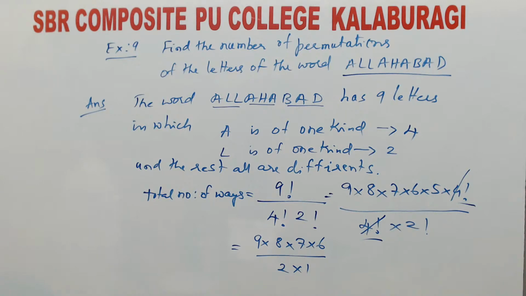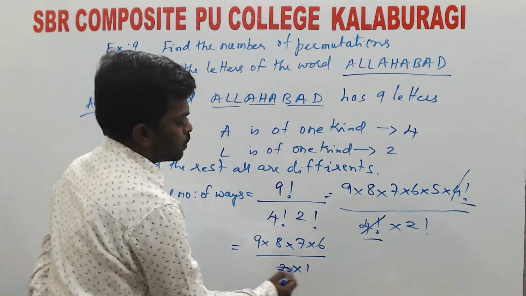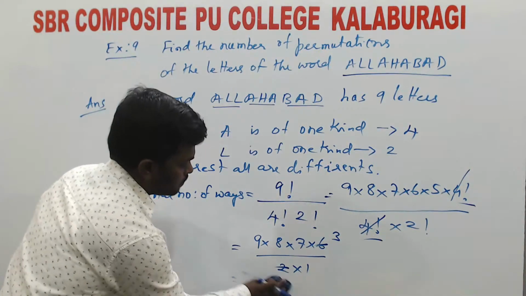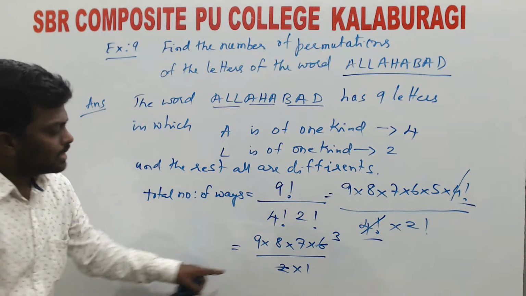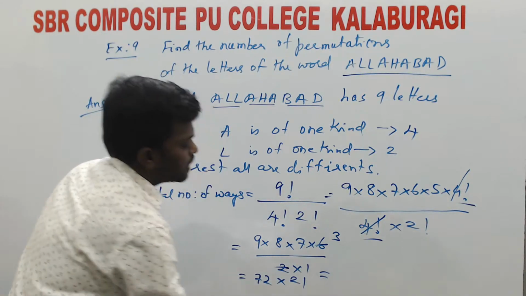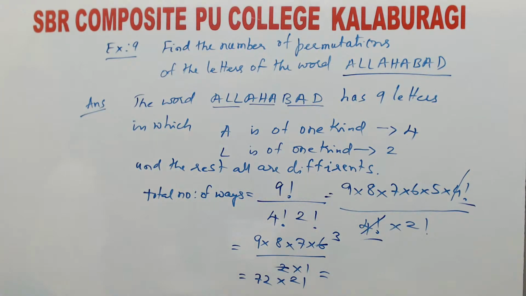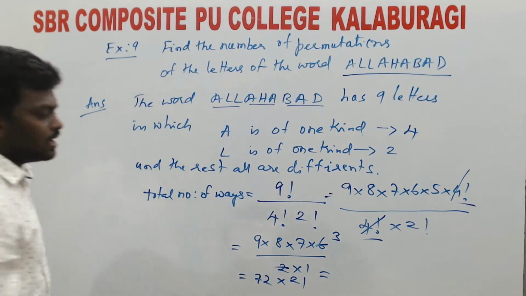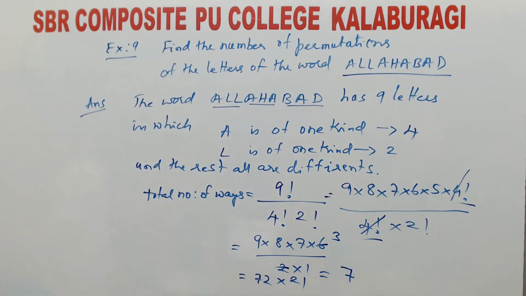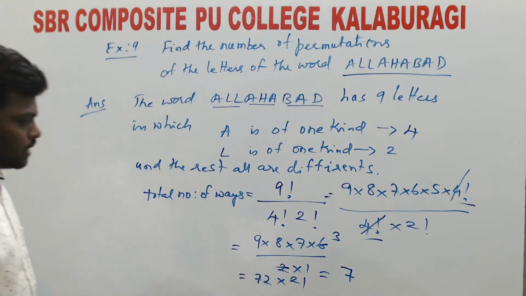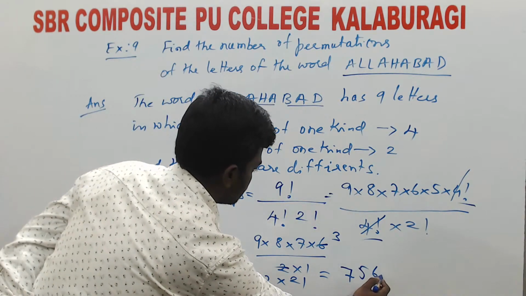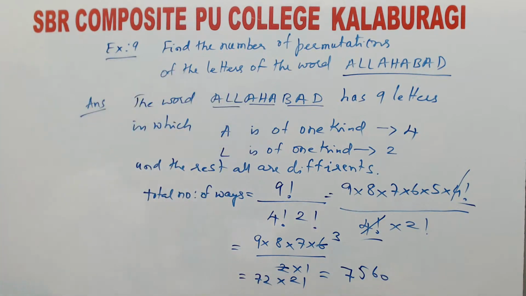So now keep on simplifying. 2 ones are 2, 3s are 9, 9 8s are 72, into 7 3s are 21. Now simplify this and check what will be the answer. Just multiply it. 7560, right?